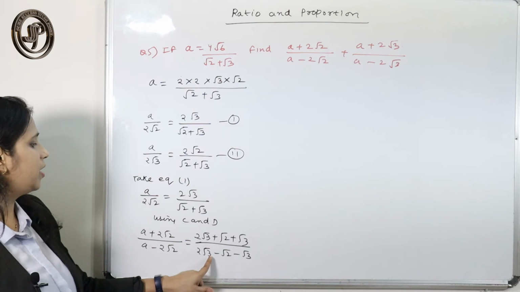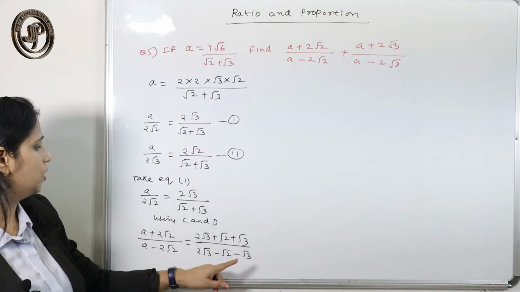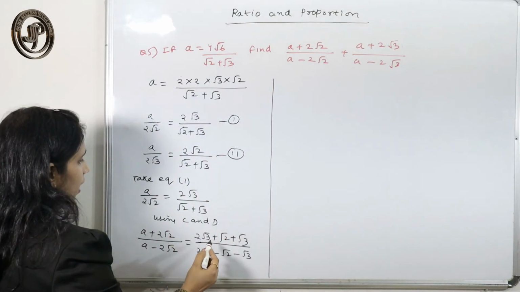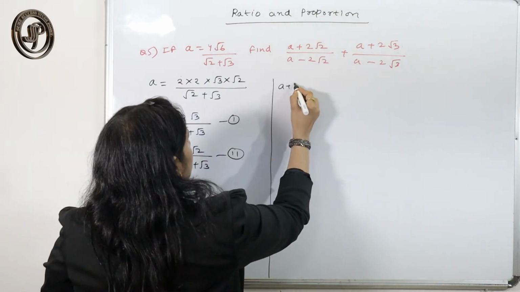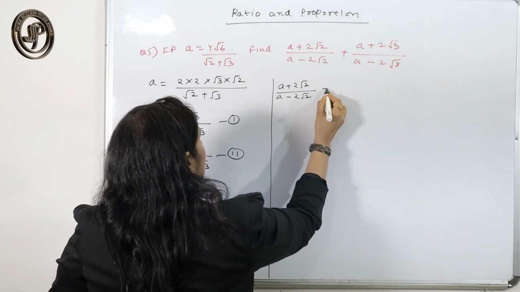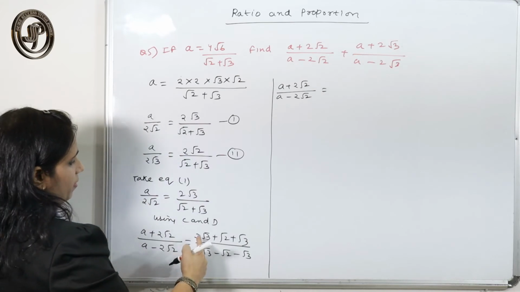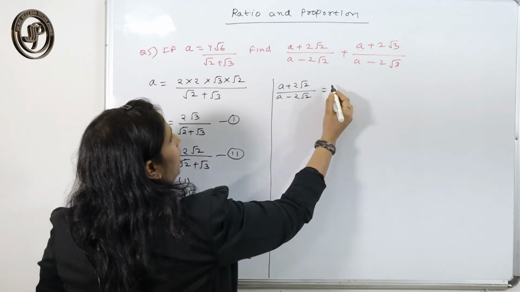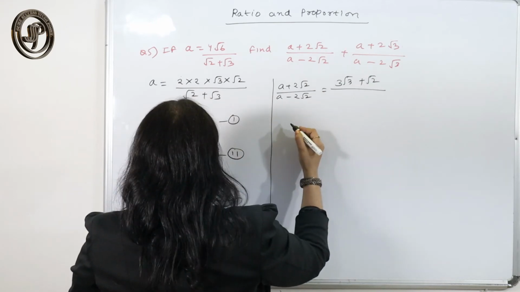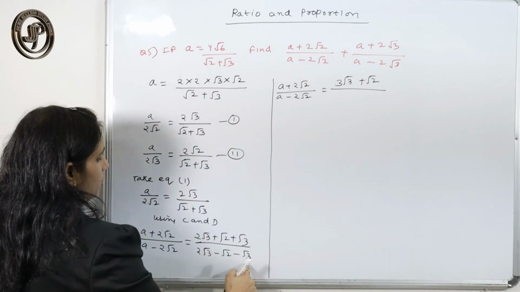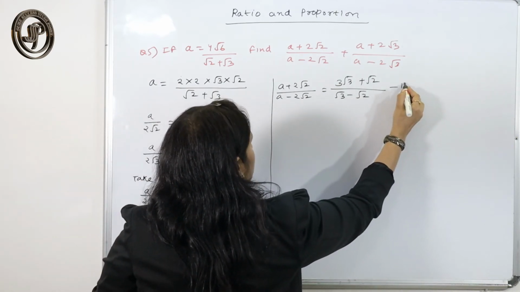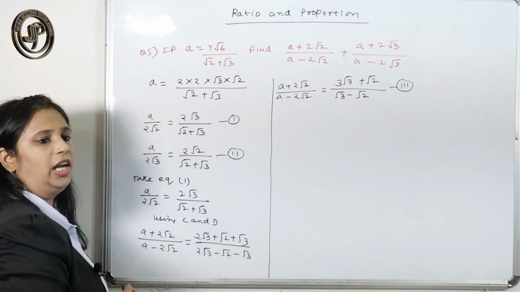When you do numerator minus denominator, the sign of both will change. Now here you can't do anything with LHS, but RHS you can simplify. 2 root 3 and root 3 you can write 3 root 3 plus root 2 upon 2 root 3 minus root 3 you can write root 3 minus root 2. Take it as equation 3.